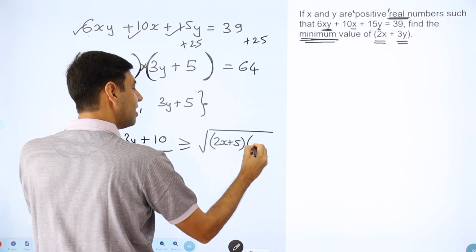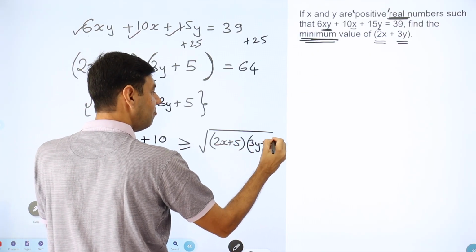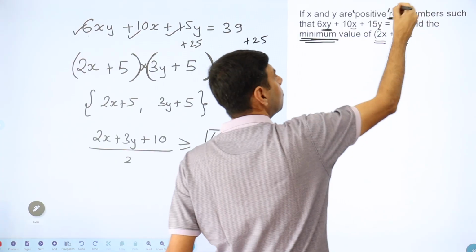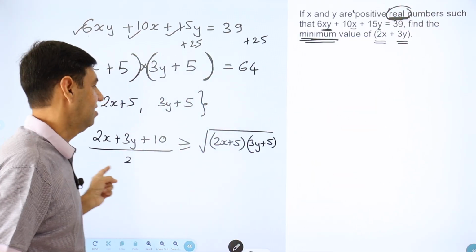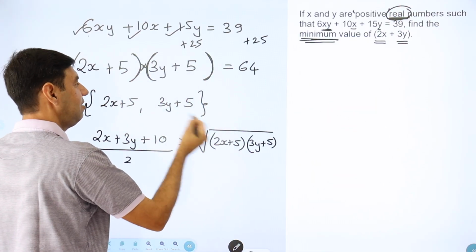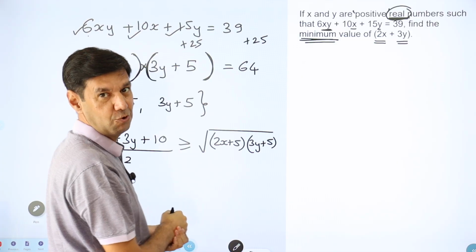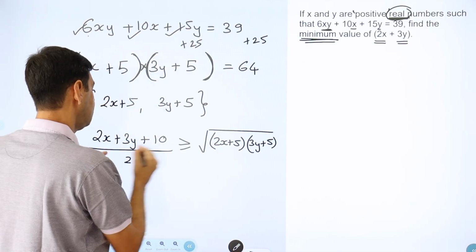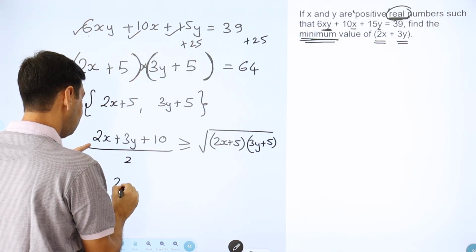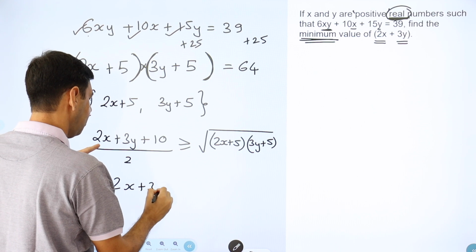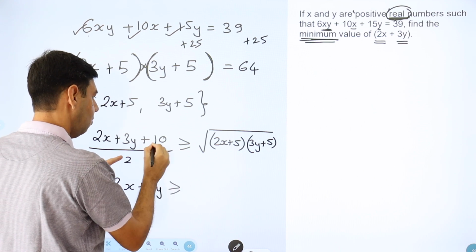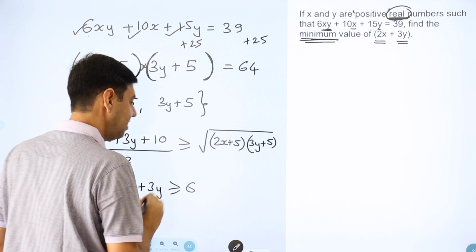So it's not been such a difficult question that you could not figure this out, provided you could have focused that it's not integer solutions. So this is 64, square root of 64 is 8. 8 2s are 16. Take the 10 to the other side, and there you get your answer is greater than or equal to 16 minus 10, 6.